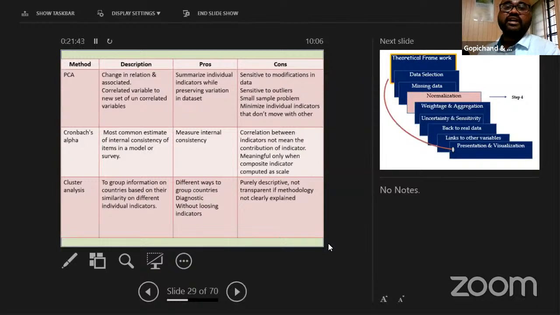It is sensitive to outliers as well as sensitive to modifications in the data. Cronbach's alpha is meant for internal consistency. And cluster analysis helps in grouping the countries as well as different indicators. Cluster analysis is purely descriptive.